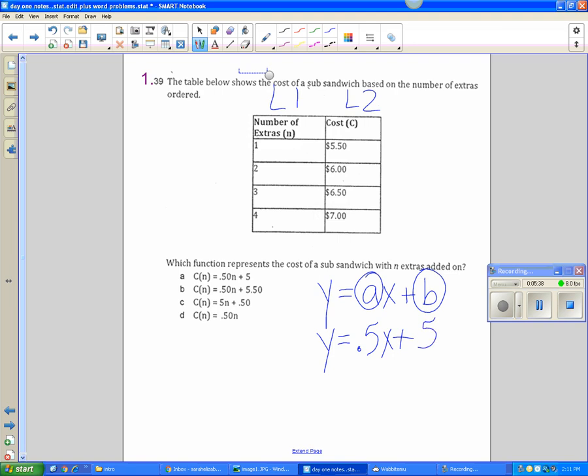Just 5. You can look on your calculator screen for that. All right, now I look at my answer choices. What letter do they use instead of an X? N. And do you see it's answer choice A? 0.5 N plus 5. Okay, so circle that.